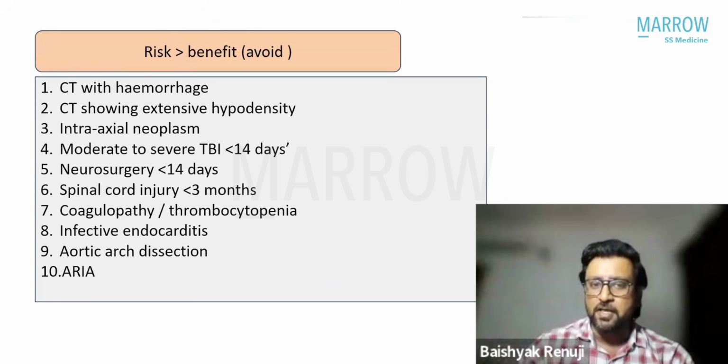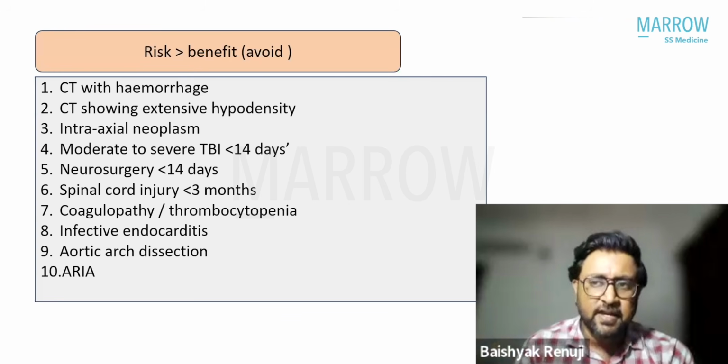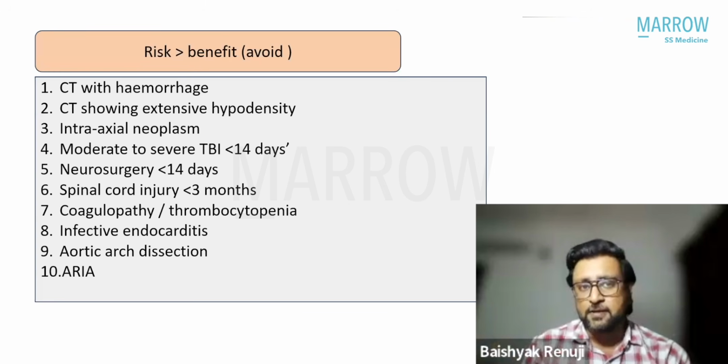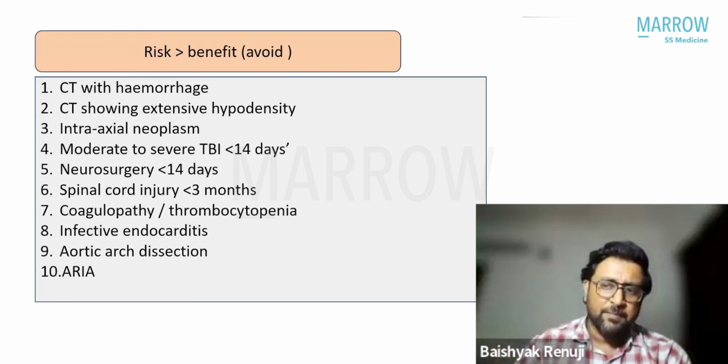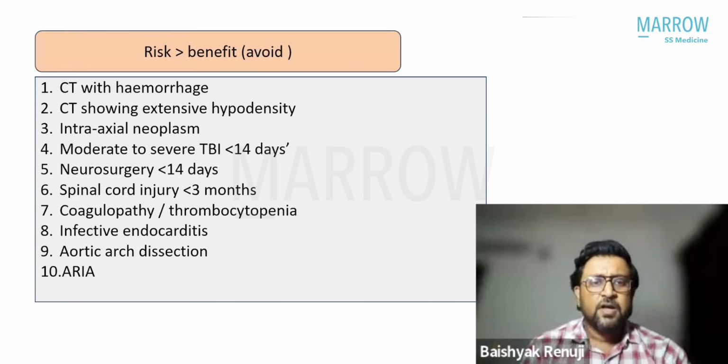Then you have systemic things: coagulopathy, so thrombocytopenia, infective endocarditis, aortic dissection, and the last one is amyloid-related imaging abnormality, usually seen associated with treatment. As well as what we are discussing, a significant amyloid angiopathy diagnosed directly can also be a contraindication. So basically, 3 imaging, 3 surgical, and 4 systemic things.